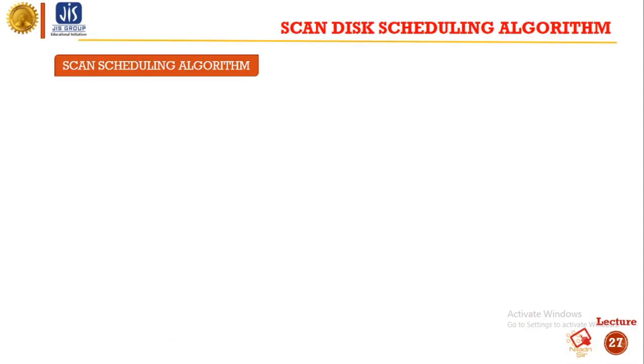So what is the scan scheduling algorithm? As the name suggests, this algorithm scans all the cylinders of the disk back and forth. It is also called the elevator algorithm.